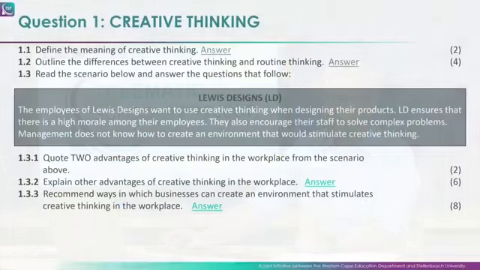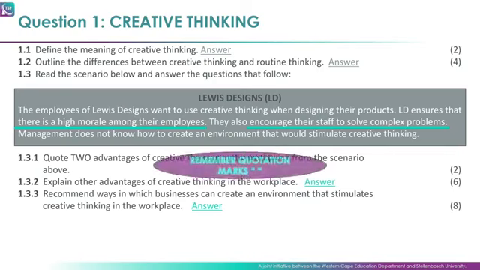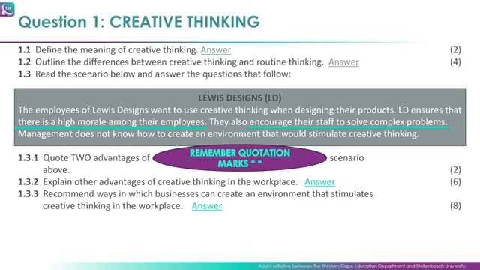We have identified there is a high morale among their employees as 1 advantage. And then the second, they also encourage their staff to solve complex problems. So solving complex problems being the advantage there. Important here, guys, is to remember when we are quoting, it needs to be verbatim.